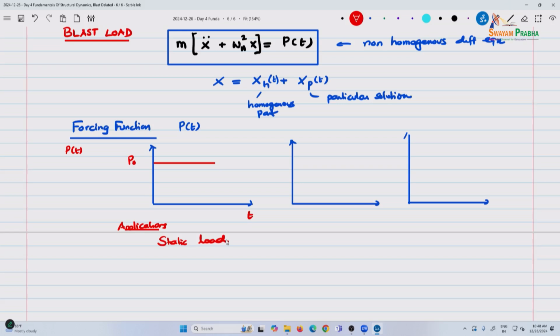We call it quasi-static because the blast load or whatever load looks like a static load. What's an industry application for this type of loading with reference to blast? I heard that term one of the days, that application. You may not be aware of it.